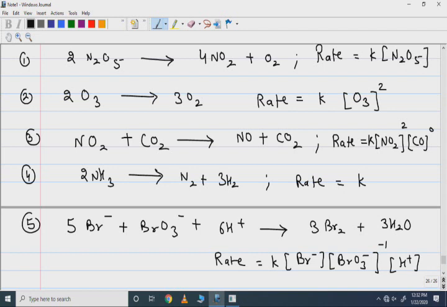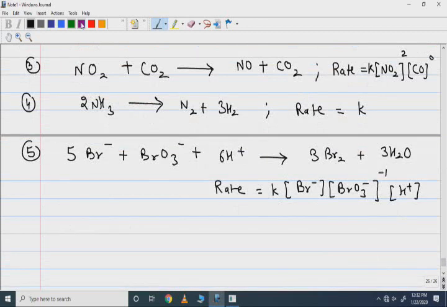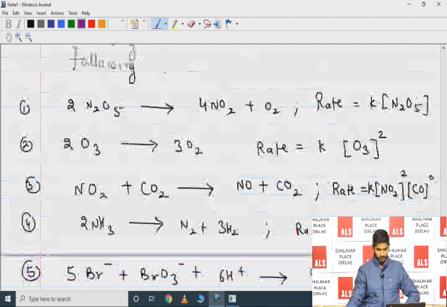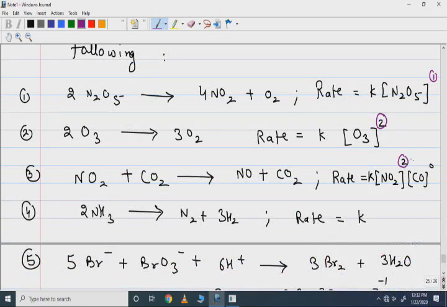Okay, so let's start. In the given chemical reactions, we have to just focus on the rate. Look at the first question. Here the power is 1, so it is first order. Power is 2, second order. This is 2 plus 0, second order. In question number 4, there is no reactant, so actually this was NH3 to the power 0.